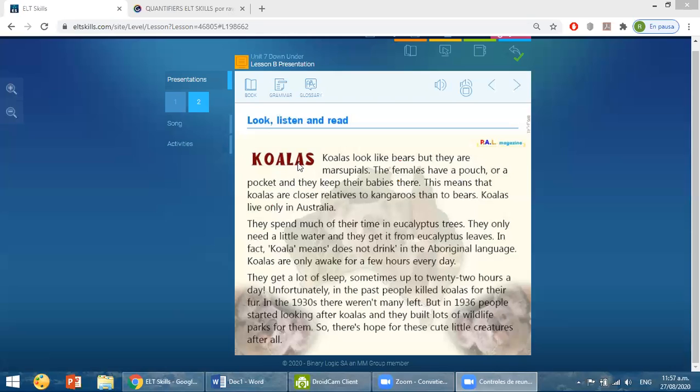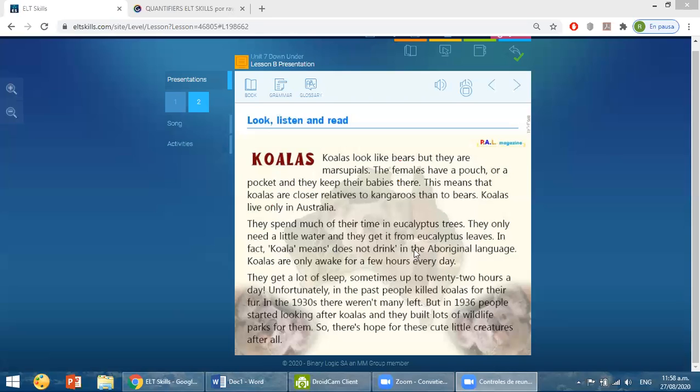It's not only kangaroos. Koala means does not drink in Aboriginal language. The koalas don't drink water. They get the water from the eucalyptus leaves.